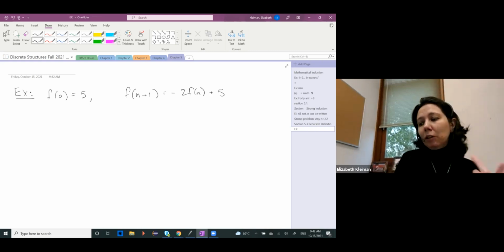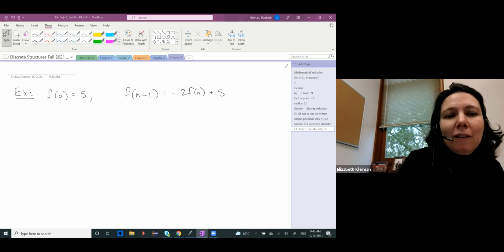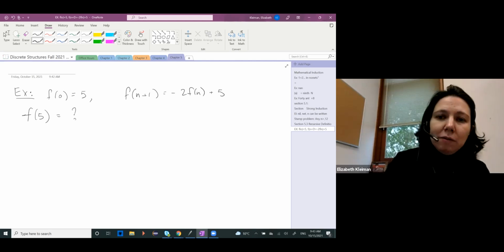This is kind of similar to the sequence I gave in the previous example. But now what we can do is we can say, okay, can you find me f of 5?